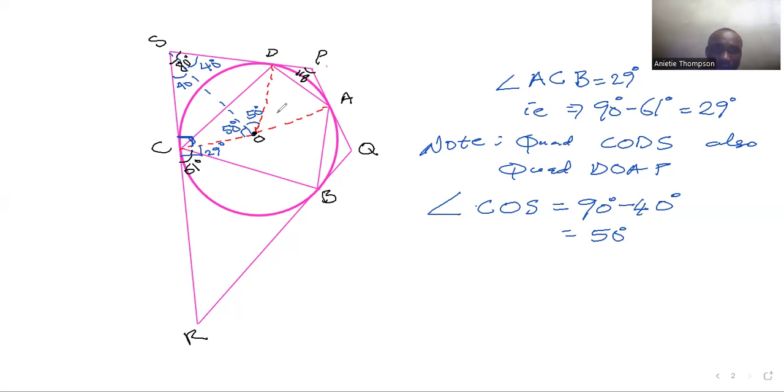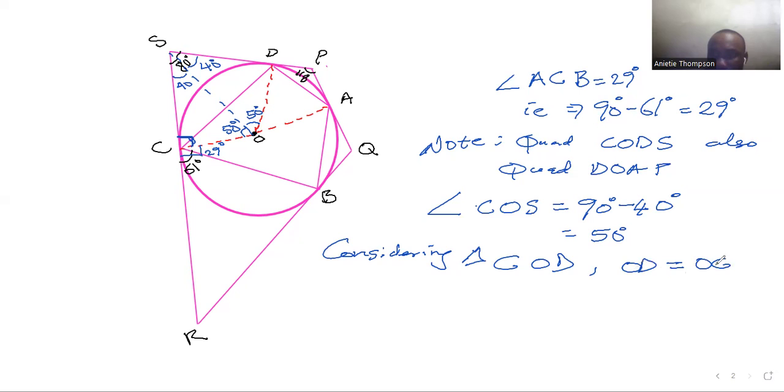Again, I want you to consider triangle COD, from that same quadrilateral. Look at the triangle. I would like you to observe that this length OD is equal to OC.